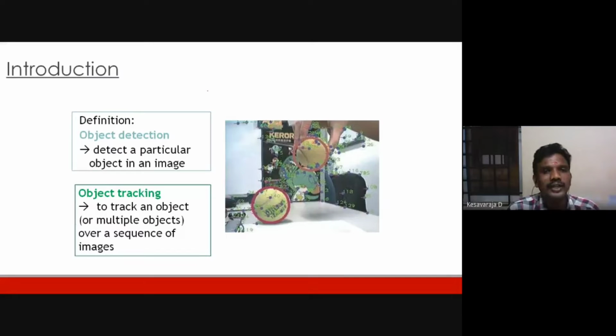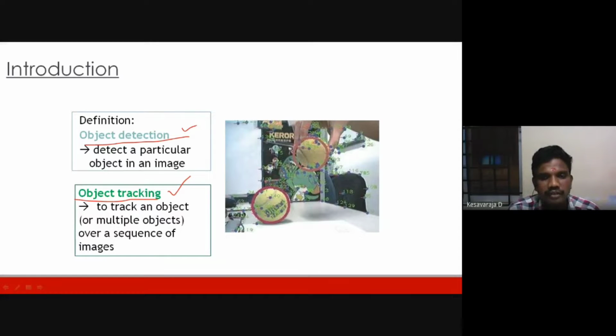Entering into the core of today's session, it depends on object detection as well as object tracking. The theme of the first session was object detection and object tracking with the help of the excellent tool called MATLAB. As the name itself says, object detection detects a particular object in an image.